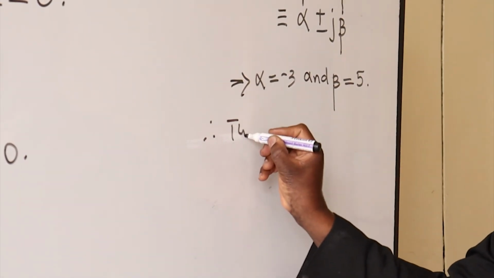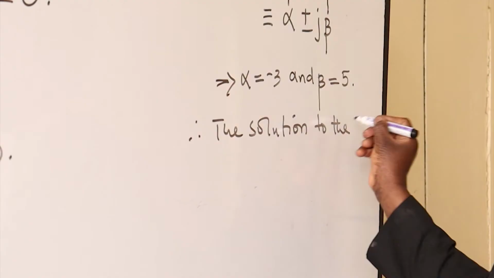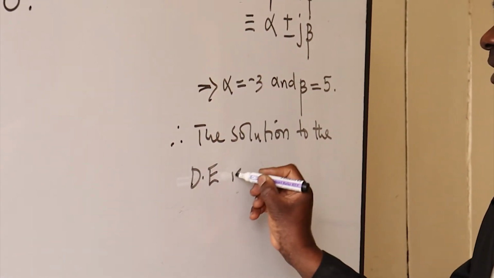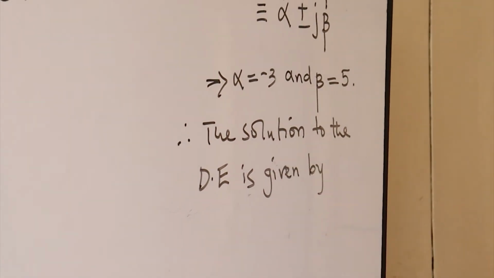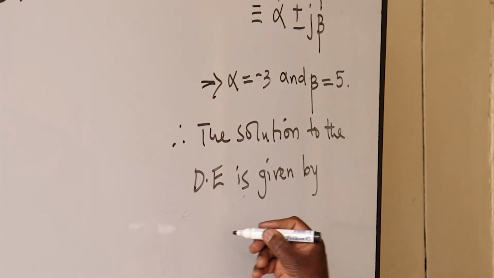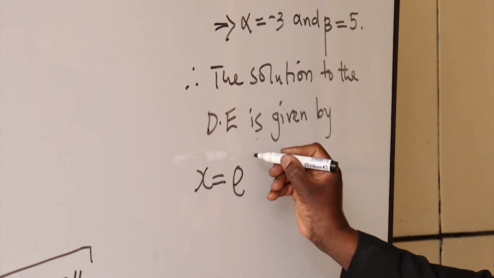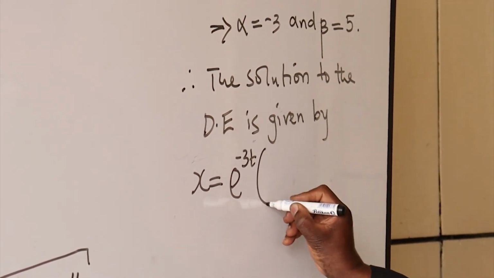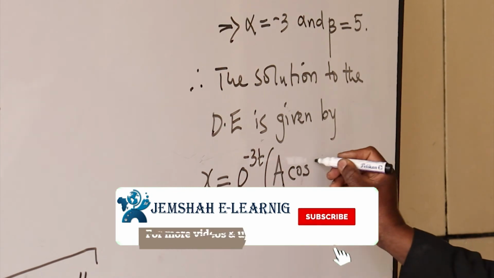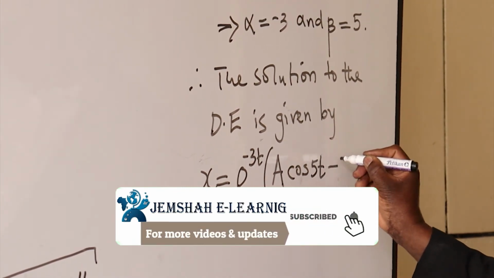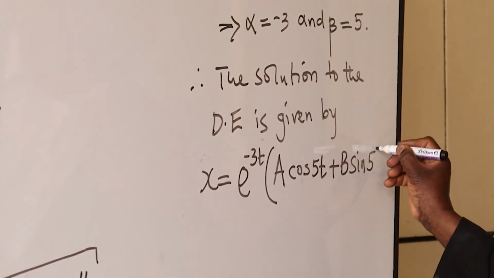Therefore, the solution to the DE is given by x is equal to e power minus 3t into A cos beta t, and our beta is 5, cos 5t, plus B sine beta t, sine 5t.